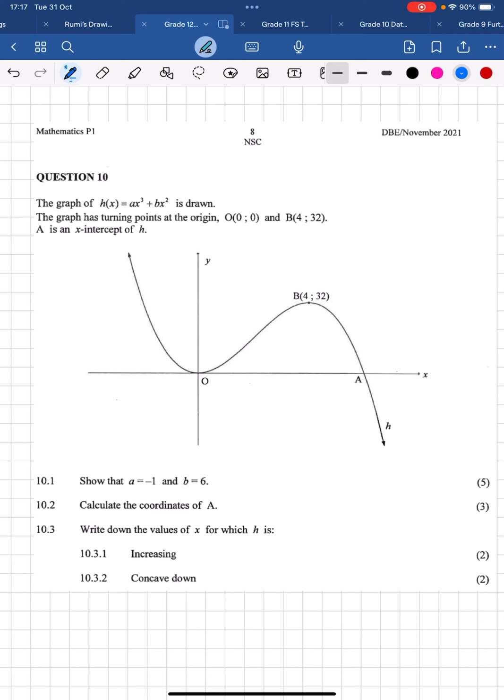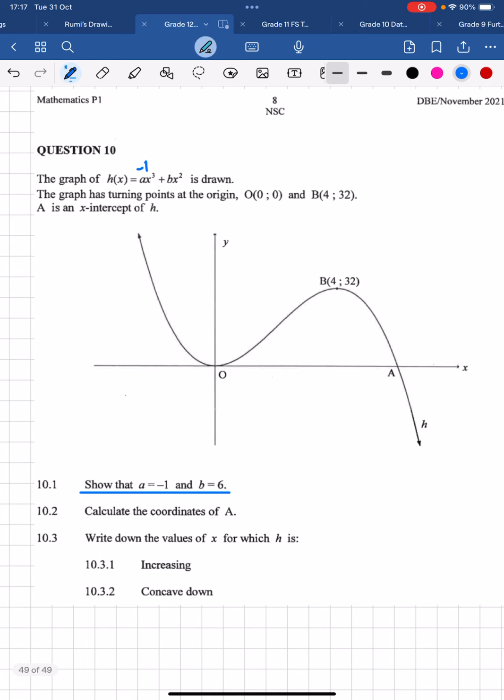But even if you can't do this question, you still know that a is -1 and b is 6. It's given there. So it's not the end of the world, because you can still do the rest of the questions. They will never just say, solve for a and b without giving you the values.